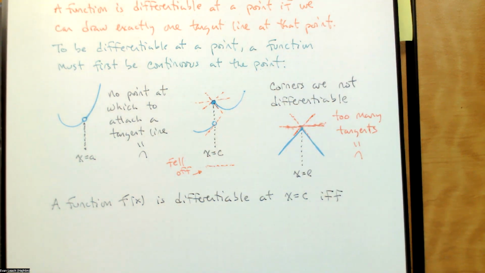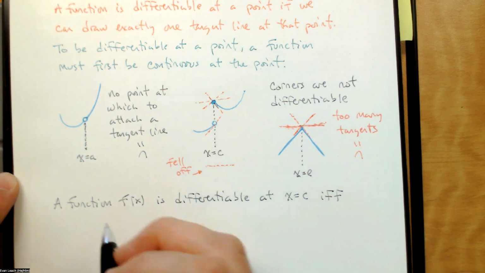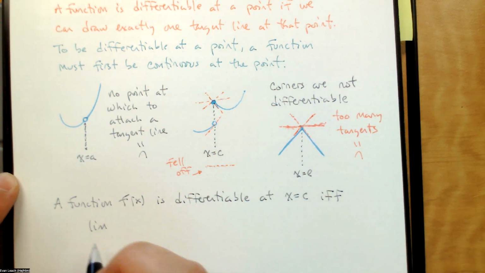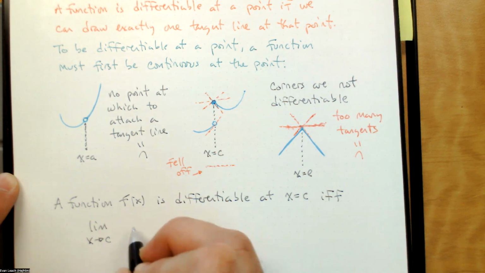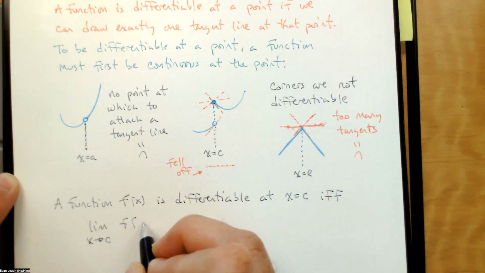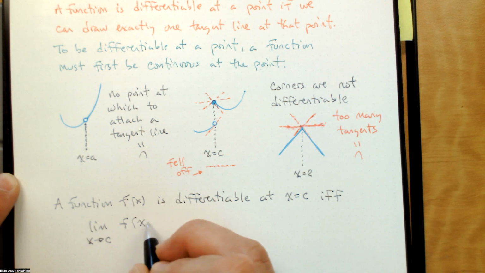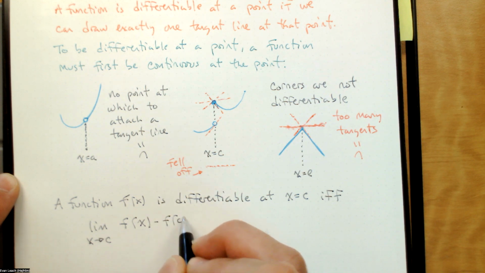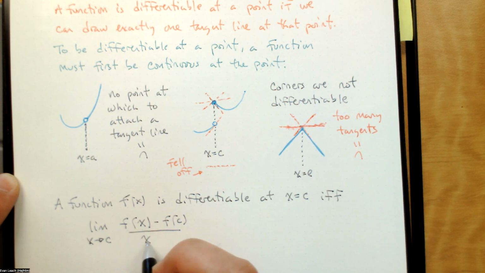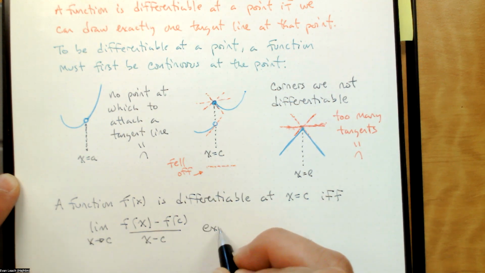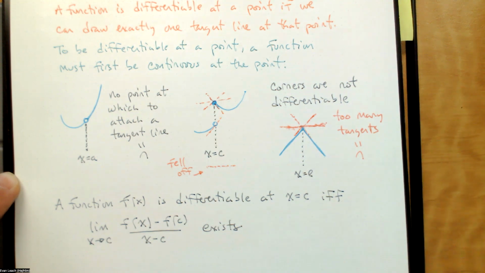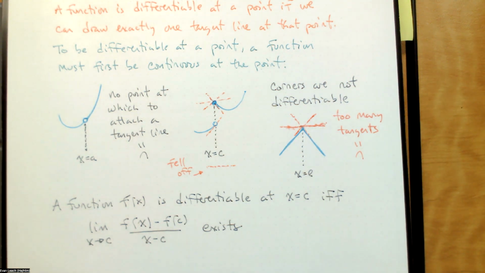Once again, like continuity, this is a definition at a point. So a function f is differentiable at a point if and only if... this is one way we can write this definition.